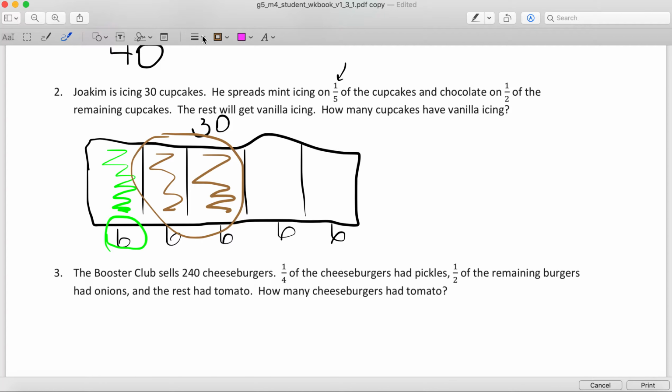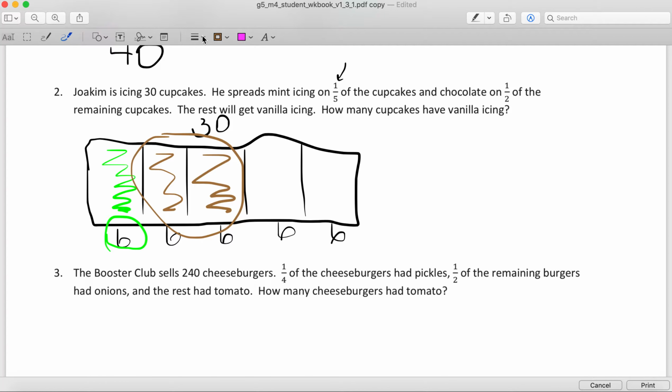All right, you get it. You're going to finish writing tomatoes here, okay? All right, so we did the math of this one. 1/4 of 240 is equal to 60 pickles. Okay? It says half of the remaining.